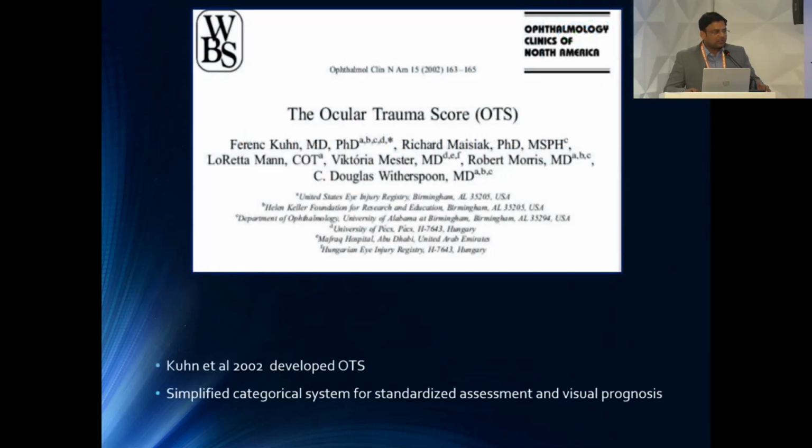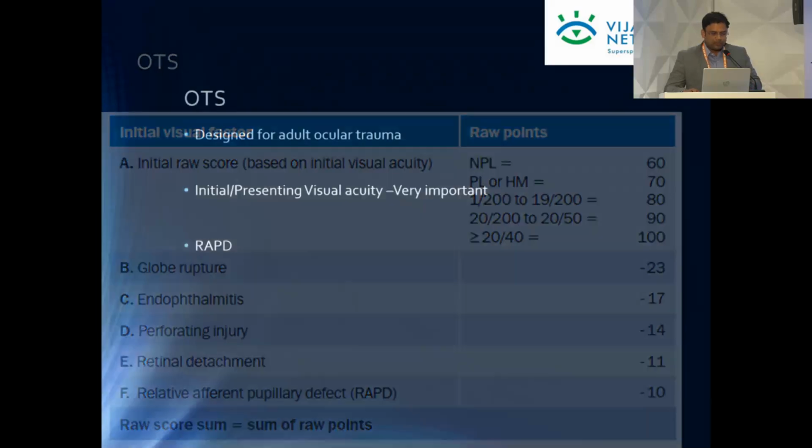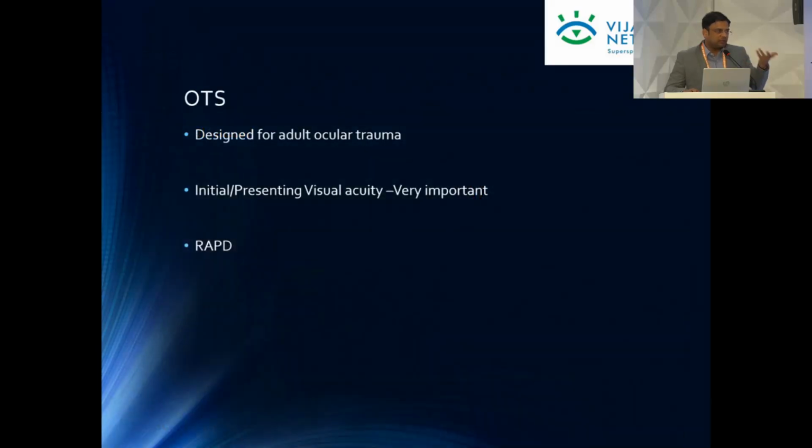Now, OTS is something which we all know, the standard classification system by Kuhn, and it has been followed for adults with all these parameters understood with raw points. Whenever we have a certain score, the prognosis is understood.